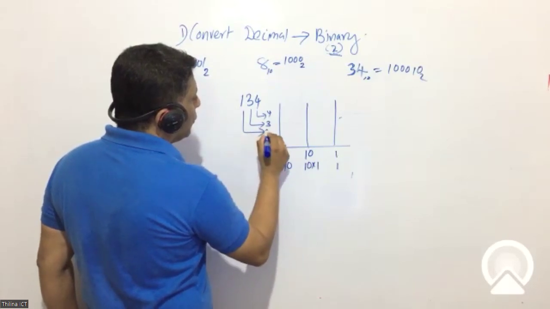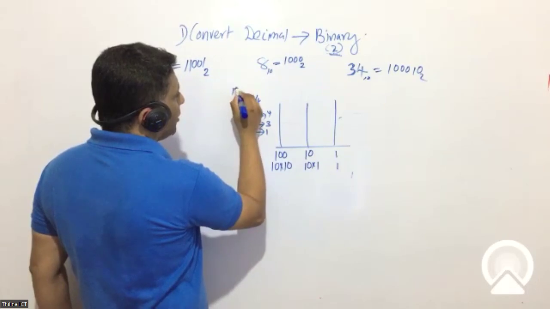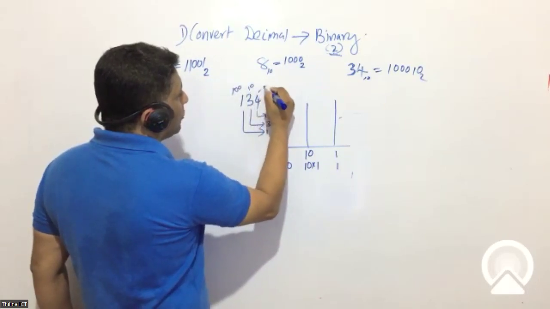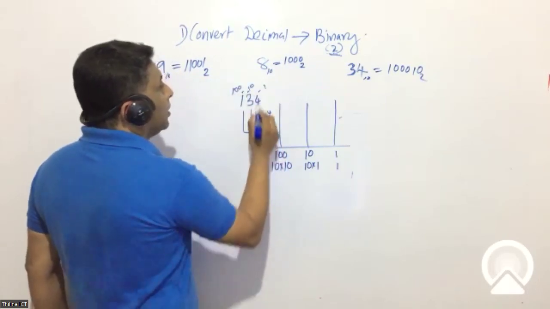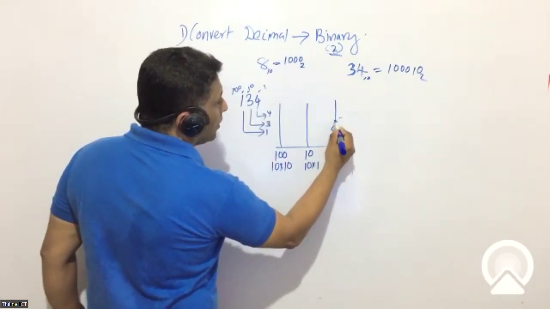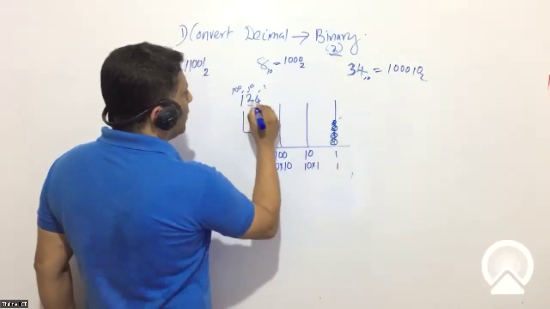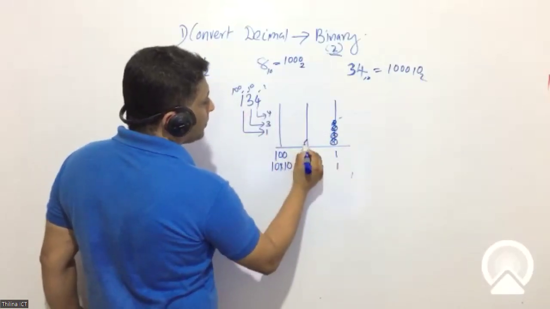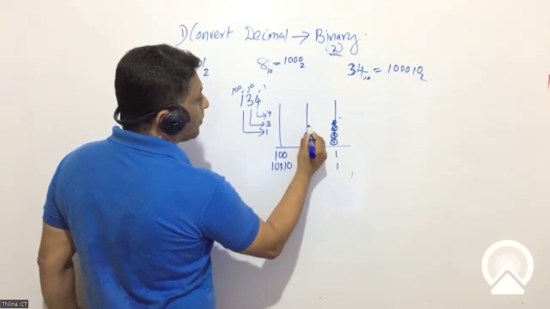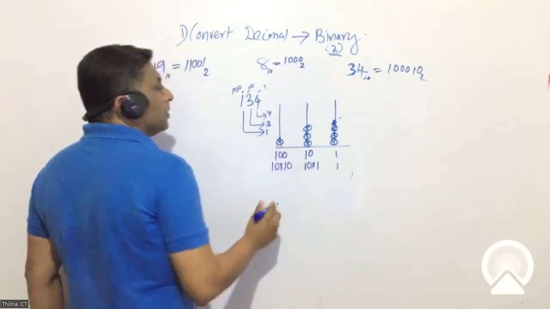Here we got 100. This is hundreds place, this is tens place, this is ones place, right? So for ones place, we need to put 4 beads. 1, 2, 3, 4. Here 3. Here, hundreds place, it's 1.